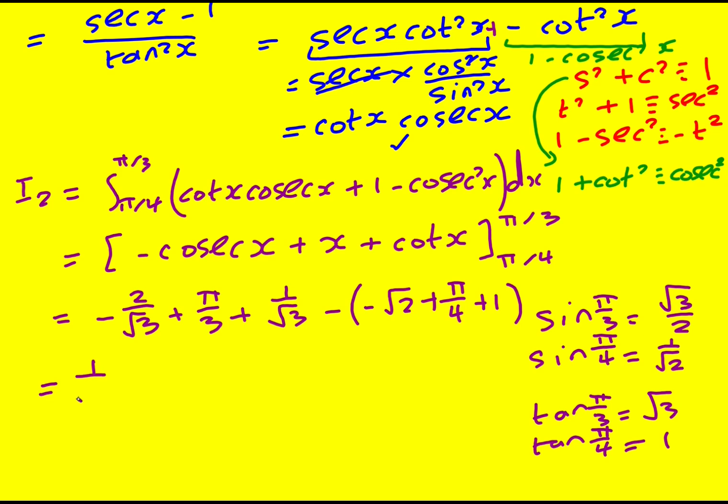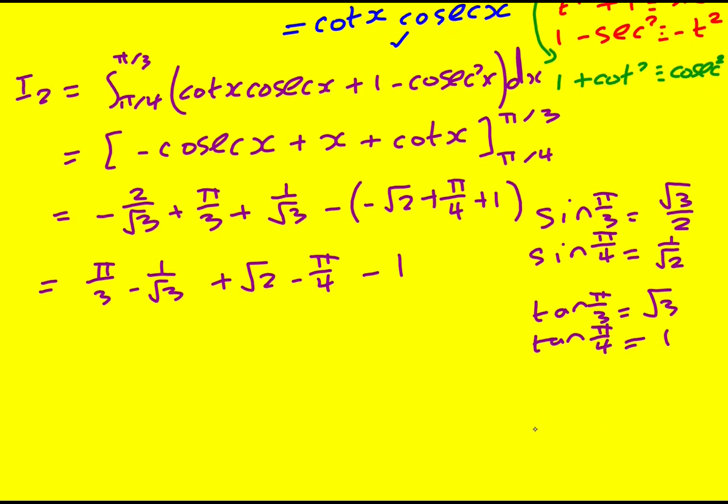That's going to give me pi over 3 minus 1 over root 3 plus root 2 minus pi over 4 minus 1. A third minus a quarter is 4 over 12 minus 3 over 12, 1 over 12.